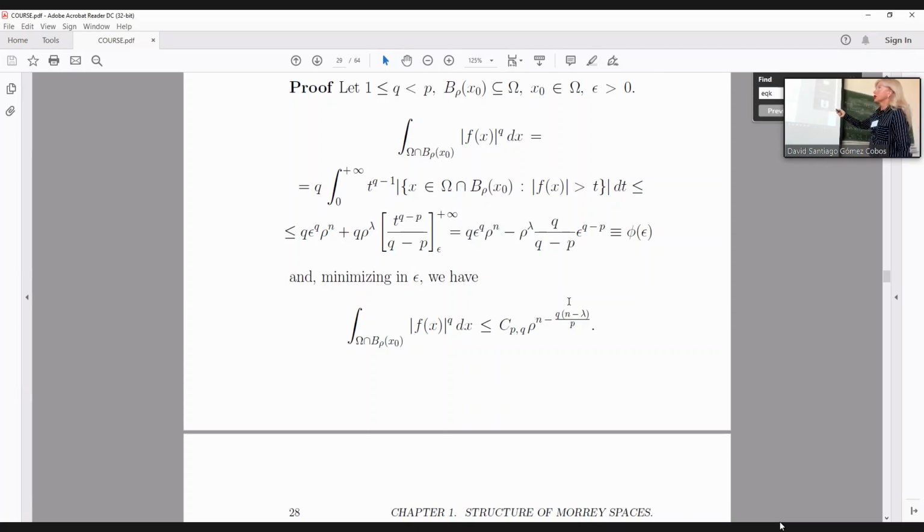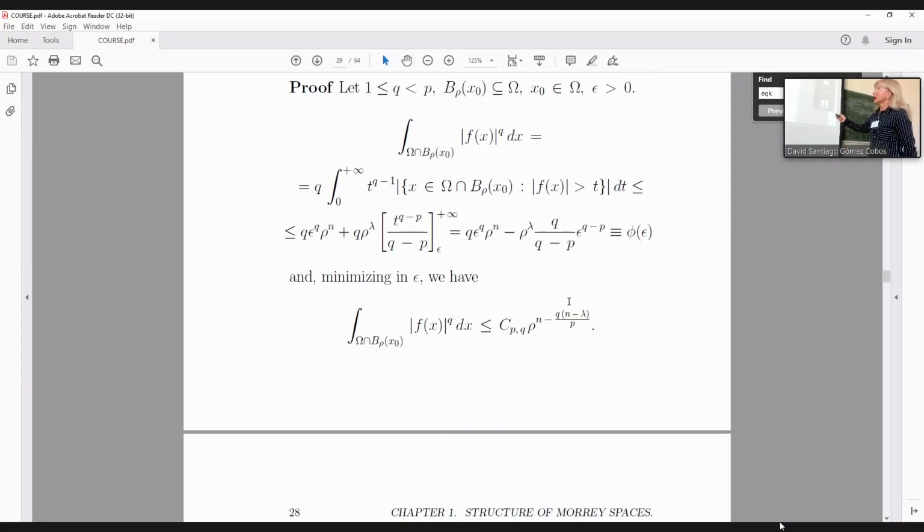Now we split the integral between 0 and plus infinity into the integral in 0 to epsilon, for some epsilon, plus the integral from epsilon to plus infinity. The first integral between 0 and epsilon can be majorized with q, epsilon with exponent q, rho n, the measure of the set.